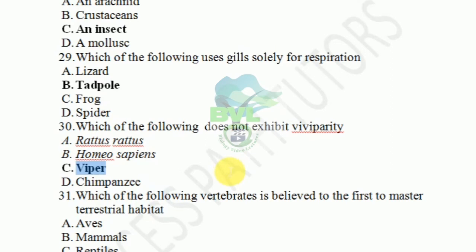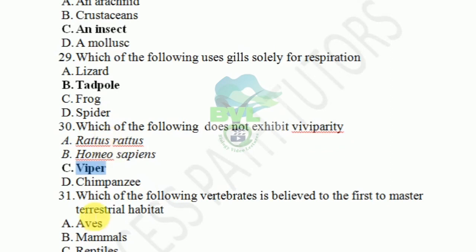So viper is ovoviviparous. Don't forget, viviparity is giving birth to young ones alive, not laying an egg. Viper is ovoviviparous, which is laying a matured egg, and once they lay the egg, it hatches almost immediately.